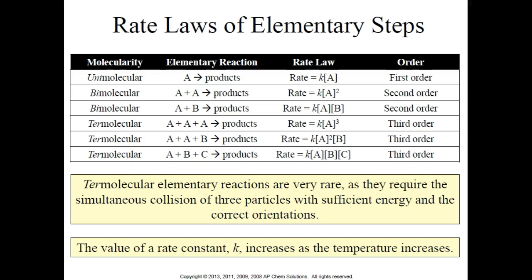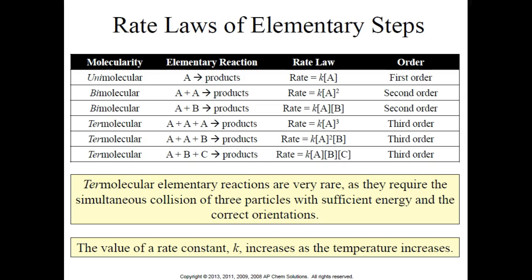Alright, so some terminology. Unimolecular, you know, decomposition reaction. Bimolecular, you've got two particles that come together of your reactants. Termolecular is actually more like trimolecular, but ter goes to 3.